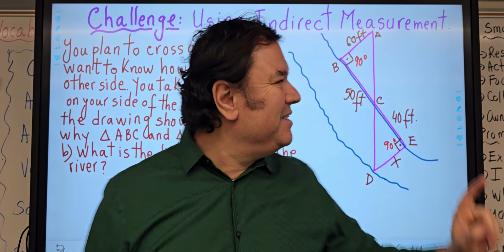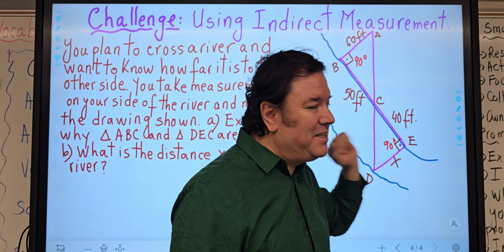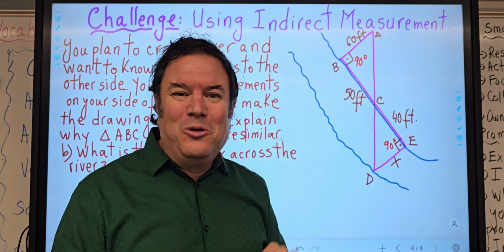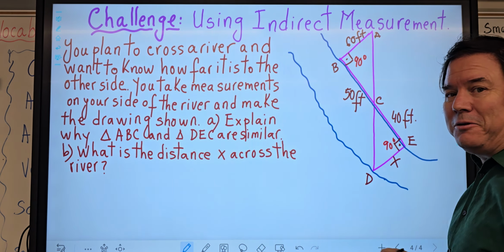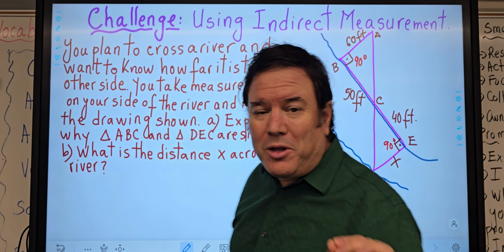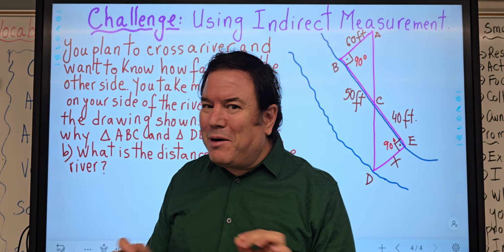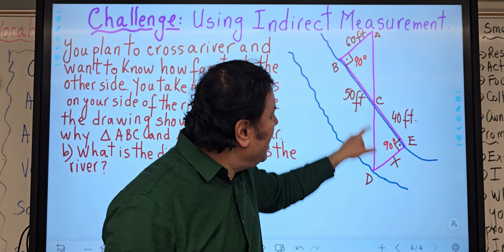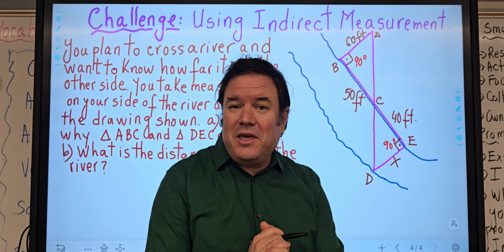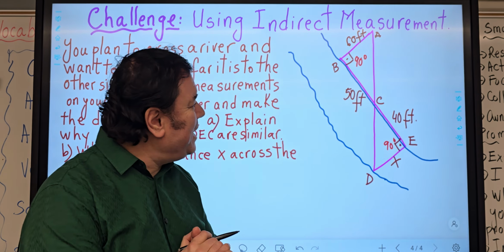This is 90 and this is 90. What else do they have in common? Take a look at this triangle and this triangle. Take about a minute. You can share with someone next to you or with a member of your family or your friend and tell me if these triangles have anything in common.